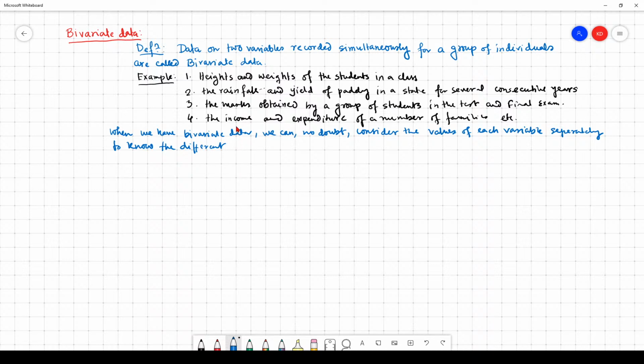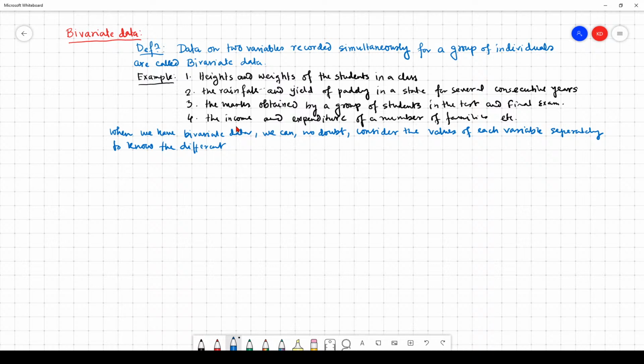Okay, Shashwat, sir, the values of the two variables must correspond to the same individual. Yes, Shashwat, same. That's why this is called bivariate data. You take a simultaneous observation from the same individual.